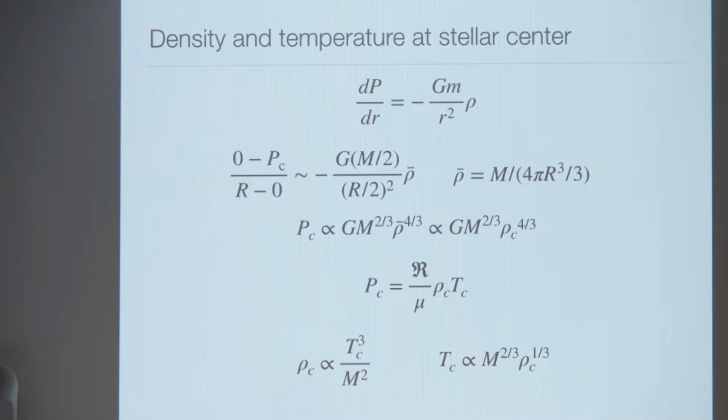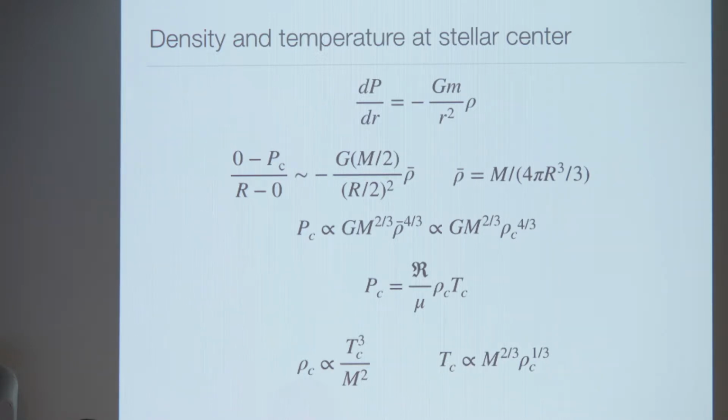The central density should be proportional to T, the central temperature, cubed, divided by mass squared. Or this equation can be written in terms of T, and these two equations are basically the same.